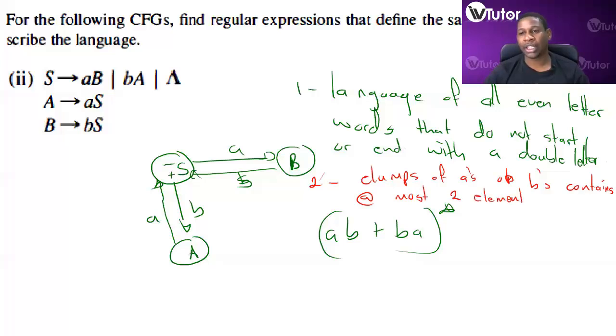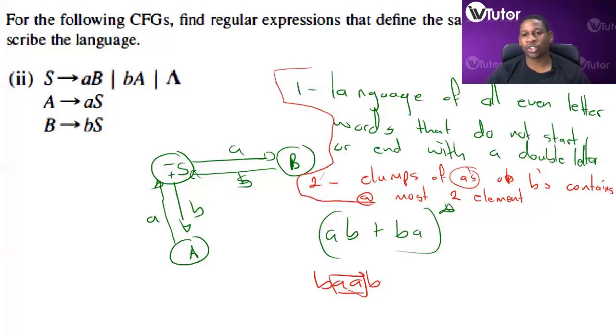So what I'm saying is each clump, if we have a clump of A's, it's not possible to have more than two A's, right? It's possible to have two A's, but you cannot have more than two A's. To have two A's, you can have BA, AB, okay? So you can have that, but you cannot have another A anywhere else. So this combination of these two gives us the description of the language.